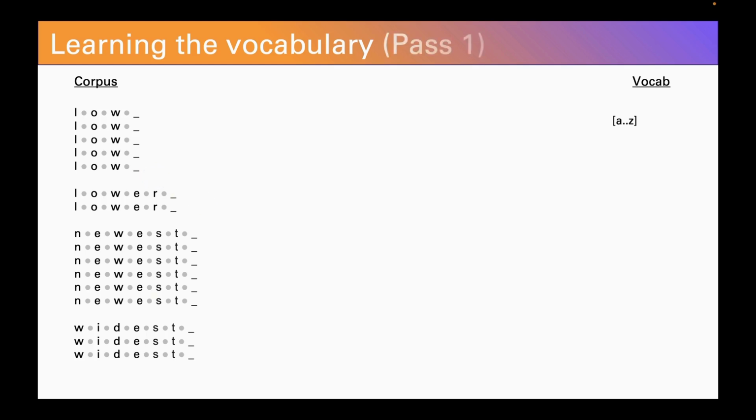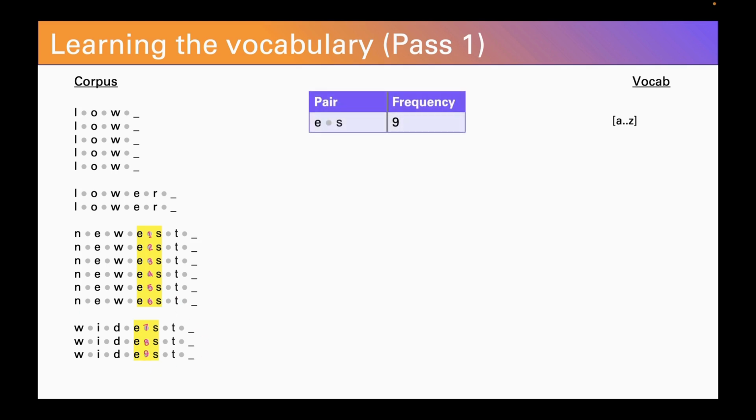The first step in learning the vocabulary is to look at all the adjacent pairs of characters and count up which one is the most frequently occurring. So for example, the letter E next to the letter S occurs 9 times. It occurs 6 times in the word newest, and it occurs 3 times in the word widest. So it occurs a total of 9 times.